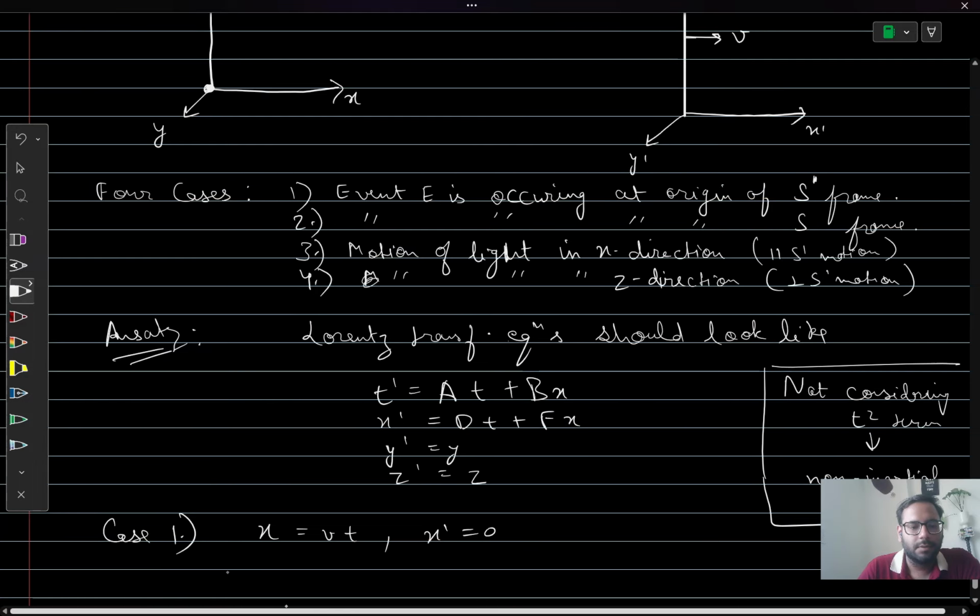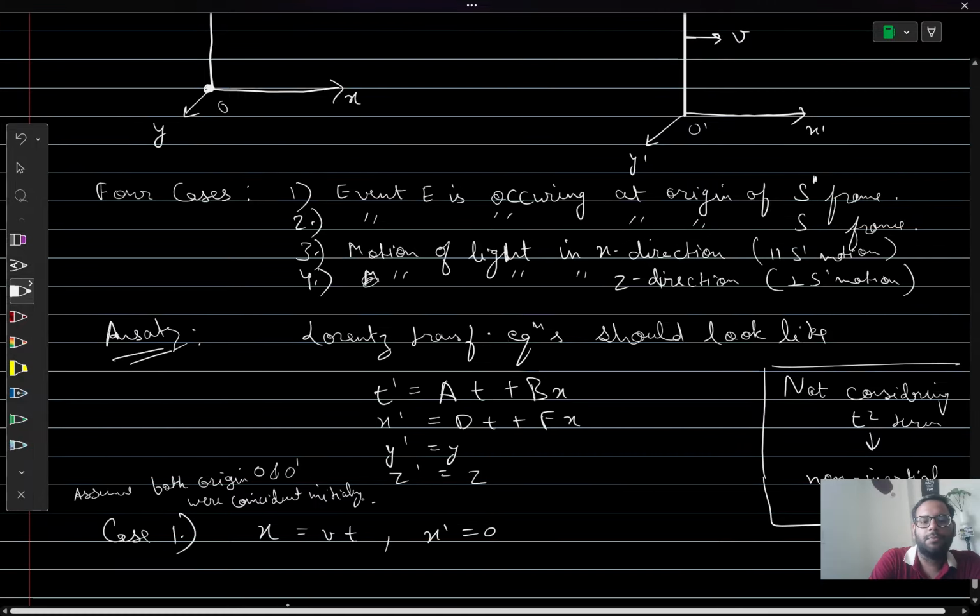You can assume both origins, that is O and O prime, were coincident initially.